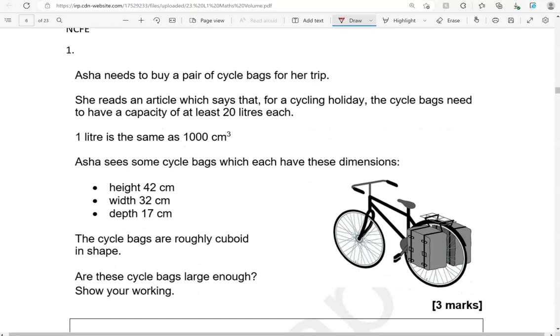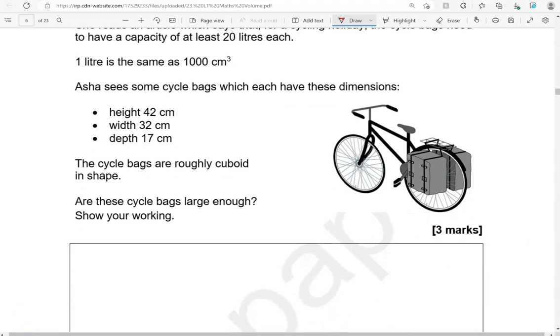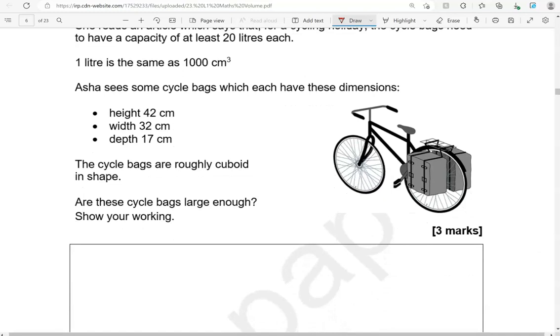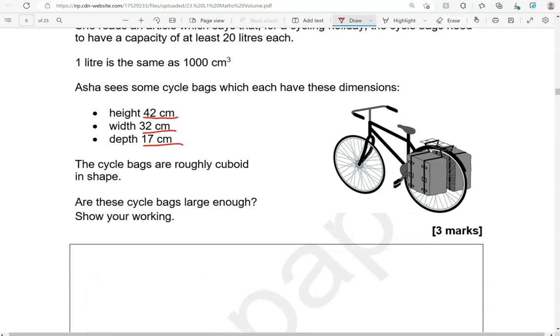Show your working. So we'll work out the volume of the bag and then work out the capacity in litres. So we've got the dimensions: 42 centimeters, 32 and 17.